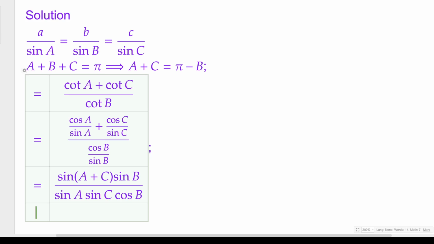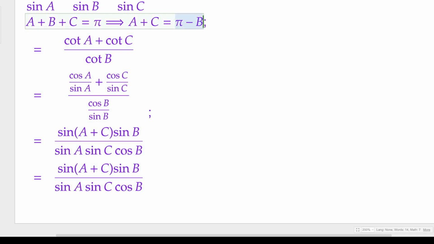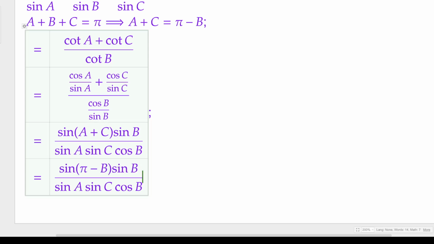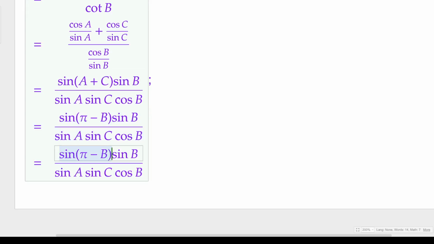In the next step, I'll replicate this, and instead of A plus C, I'll replace it with pi radian minus B. If I use the identity, this would remain sine B, as it is.